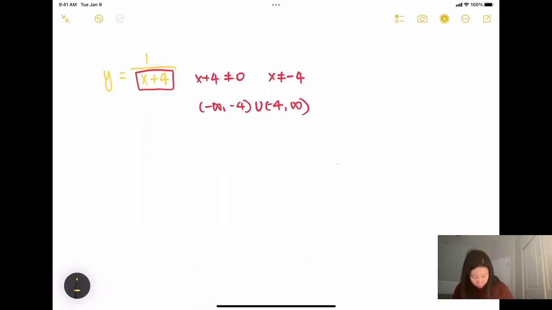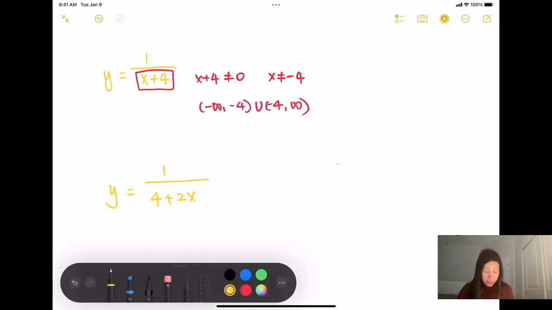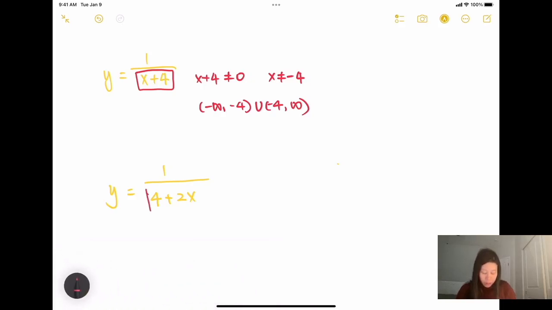Again, let's do another example. If I have 4 plus 2x in the denominator, how do you find the domain? Well, this is similar. There's no restriction on x, except that this part cannot equal 0. So that means I set 4 plus 2x equal to 0, and now we solve for x.